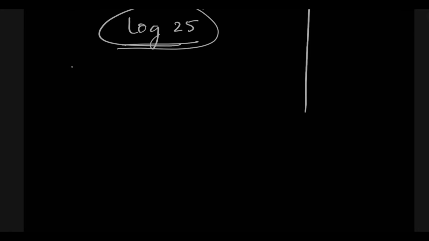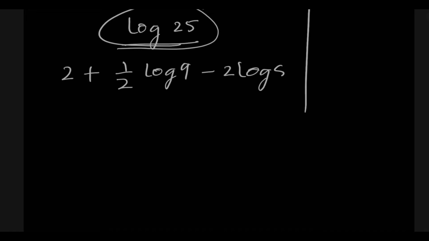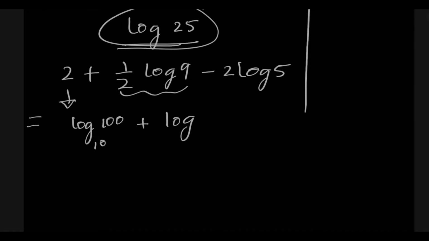What was the problem? 2 plus half log 9 minus 2 log 5. This is equal to 2 written as log 100 to the base 10, plus log 3, minus log 25. Now how to simplify this?